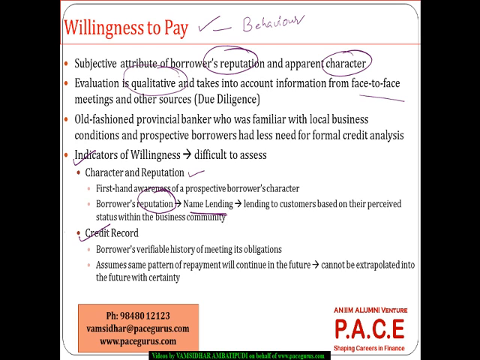Then we look at historical credit records. Historically, did the person meet all obligations on time in the past? We assume that the same pattern of repayment will continue in the future, which may or may not hold with certainty, but it's a decent indicator of the borrower's willingness to repay.